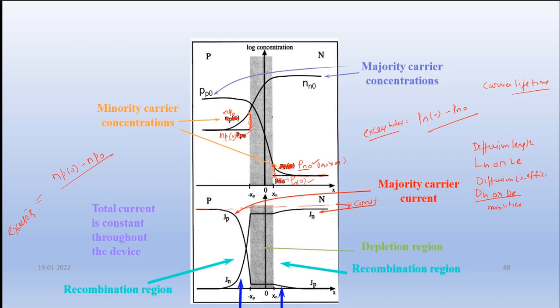And this shows the excess electrons because of the forward bias. So I hope there is no problem in this. This is the majority carrier concentration, and this is the minority carrier concentration, and this shows the excess electrons and holes at the p side and n side respectively, right?